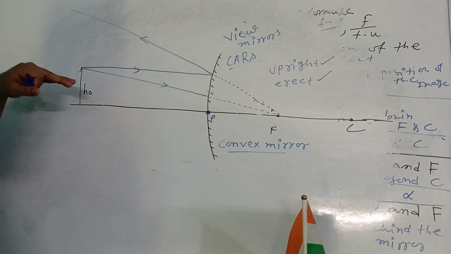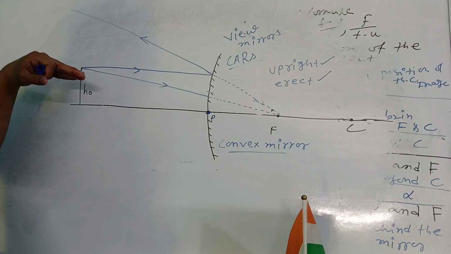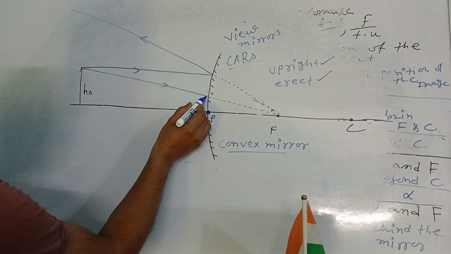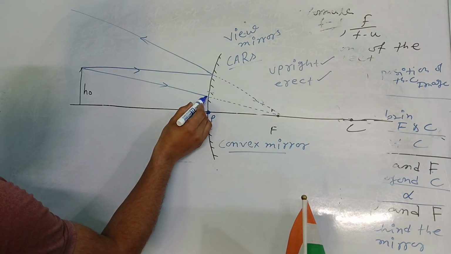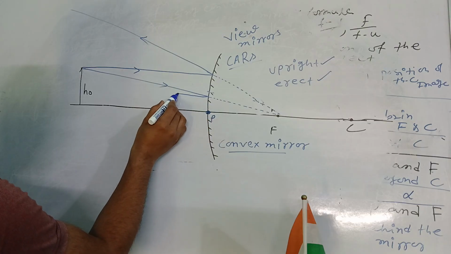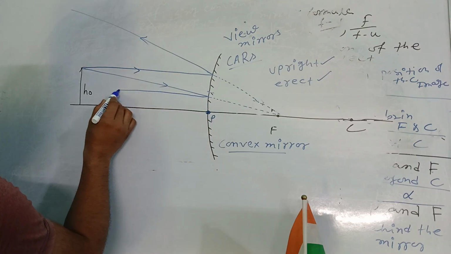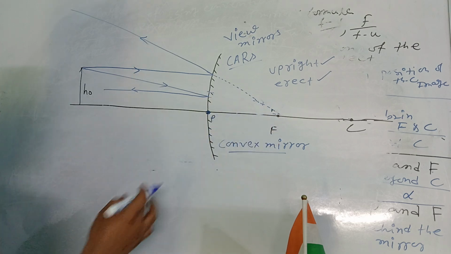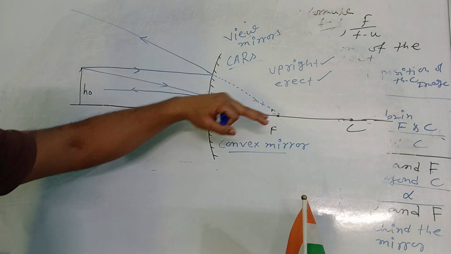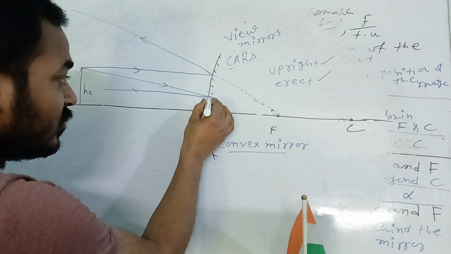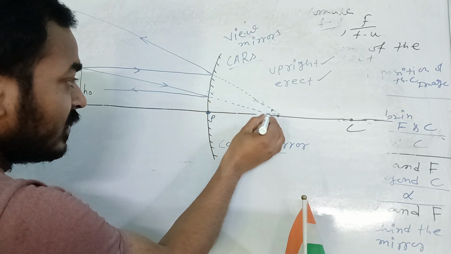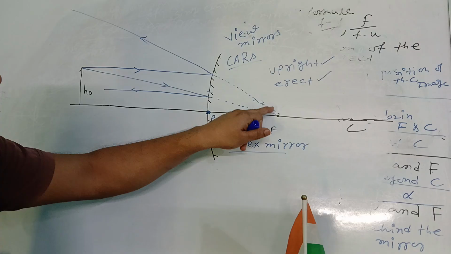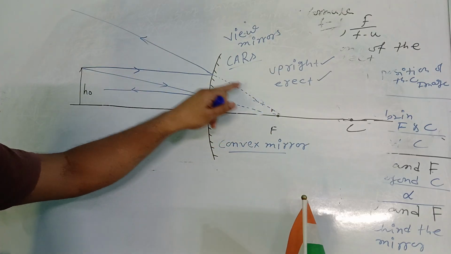When the ray is coming towards the focus, after the reflection it must be parallel to the principal axis. So when it is moving towards the focus, I am using the dotted line to show the extended ray. I'll erase this part. This dotted line is to draw the extended reflected ray.